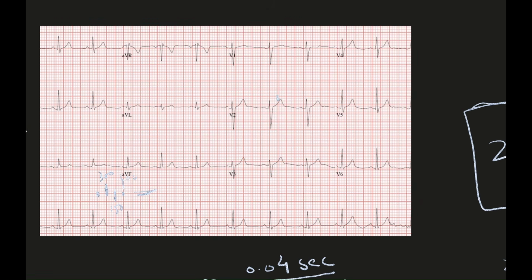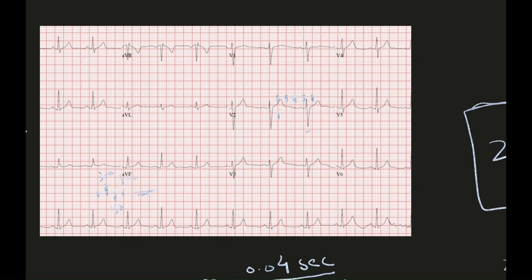This is our 300 milestone. This is our 150 milestone. This is our 100 milestone. This is the 75 milestone. And this one is the 60 milestone. If this QRS complex were over here, then the heart rate would have been 300.